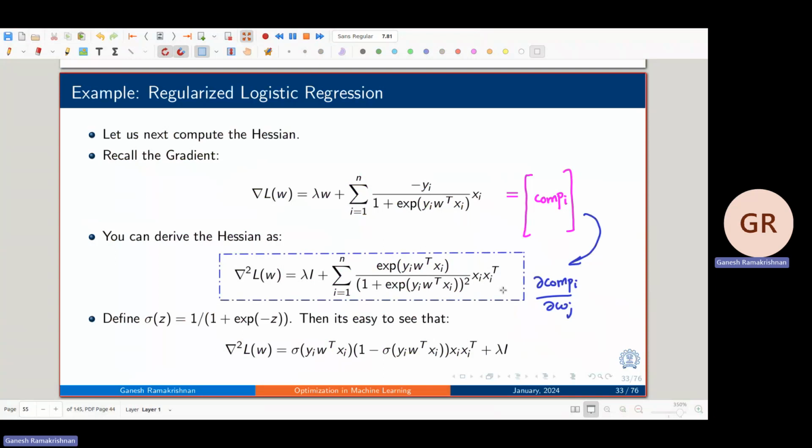Okay, Xi Xi transpose is a matrix of x1 square, x2 square, x1 x2, x2 x1, right? All the interaction terms, they're products of the cross terms.